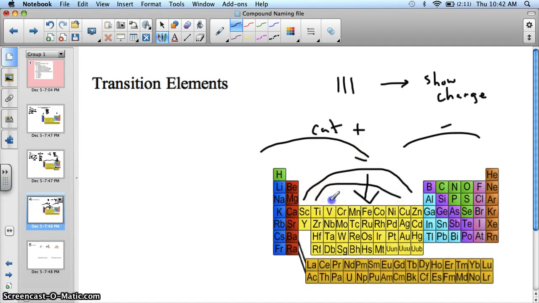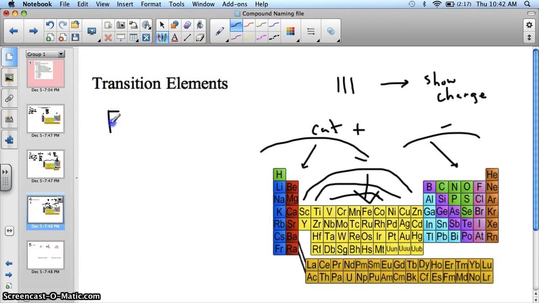In fact, it could be different depending on what the compound is. They don't seem to have the rules of these cations and the rules of these anions. But what you have to do is figure out its charge by deducting it from the other element. Let's take a look.